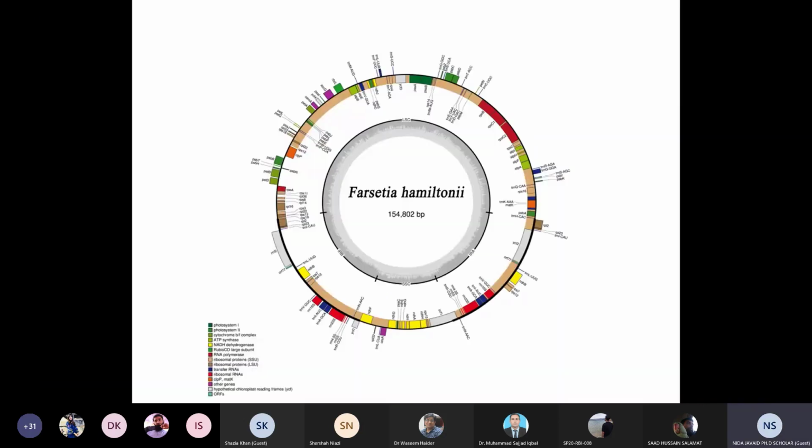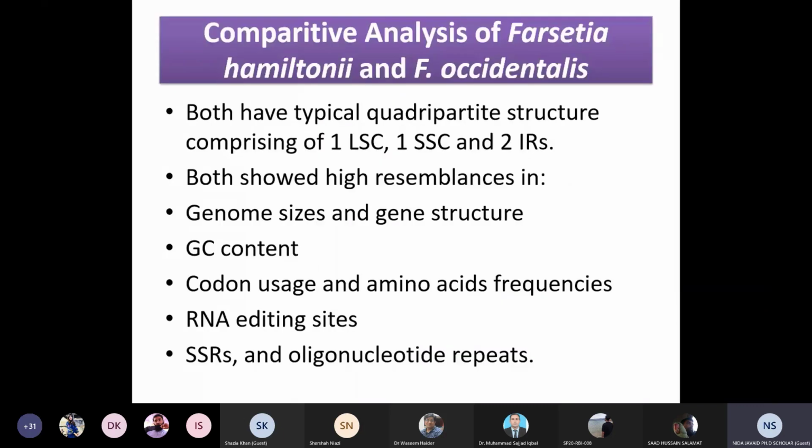Comparative analysis of Farsetia hamiltonii and Farsetia occidentalis. Both have a typical quadripartite structure comprising one large single copy, one small single copy, and two IR regions.